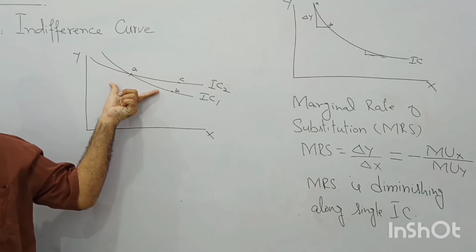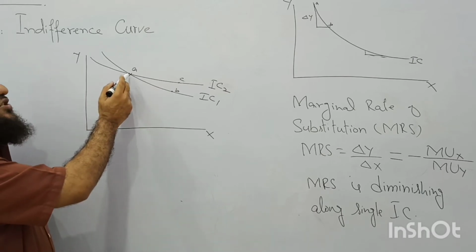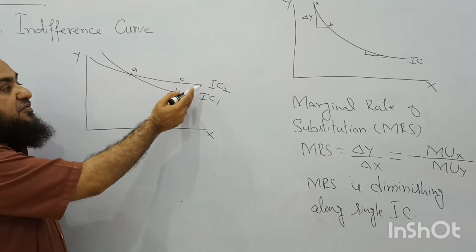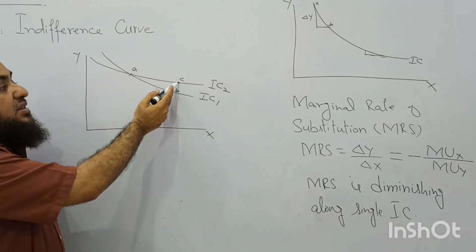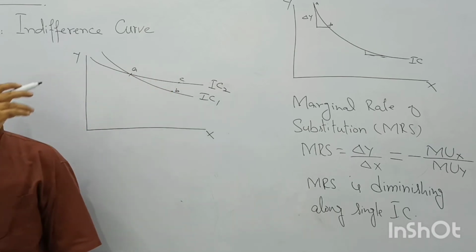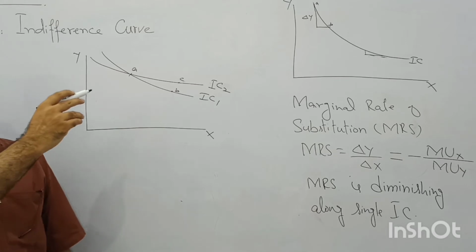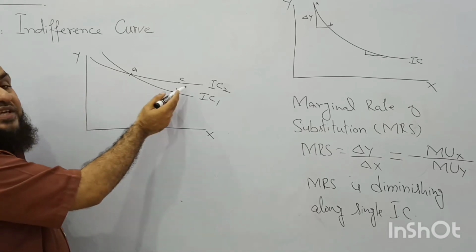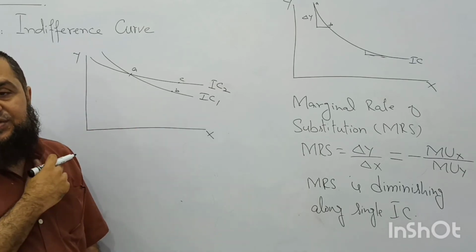Clear? Because they are lying on same indifference curve. So if we say this point A is along indifference curve 2, so again we will say that A and C are having same level of satisfaction. Okay. Both A and C will also show us the same level of satisfaction.